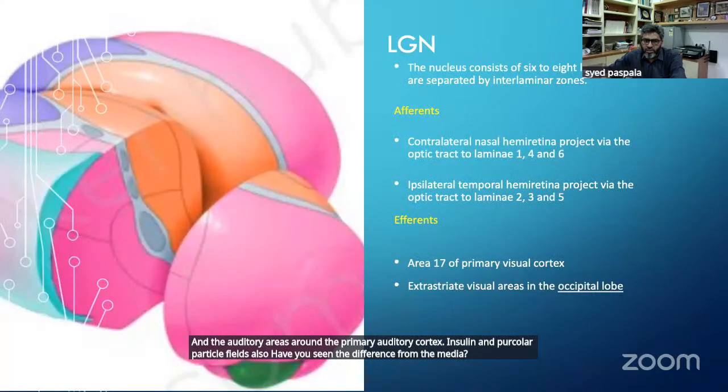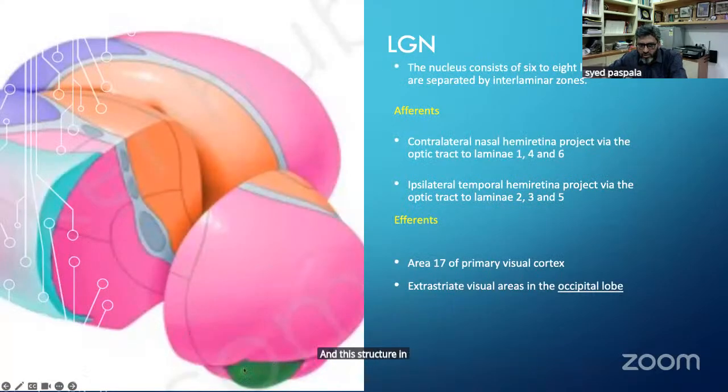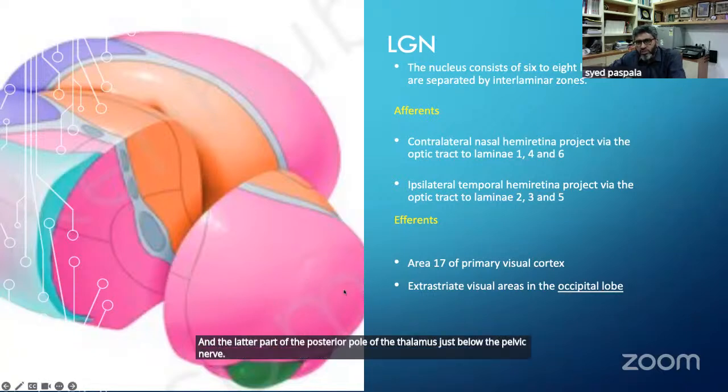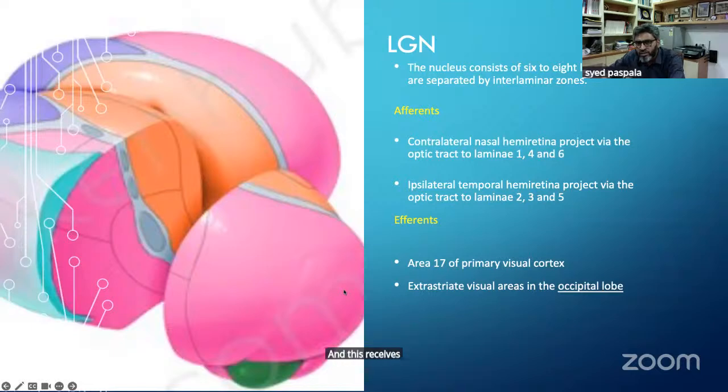And this structure in green is the lateral geniculate nucleus, on the lateral part of the posterior pole of the thalamus just below the pulvinar. It receives afferents from the contralateral side.